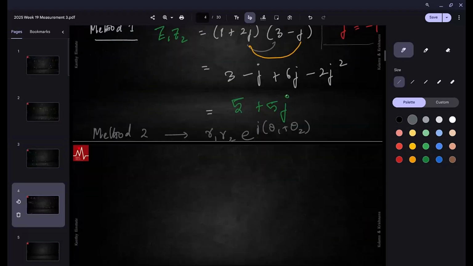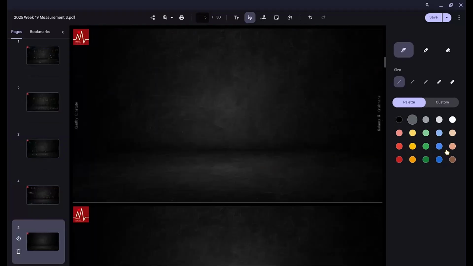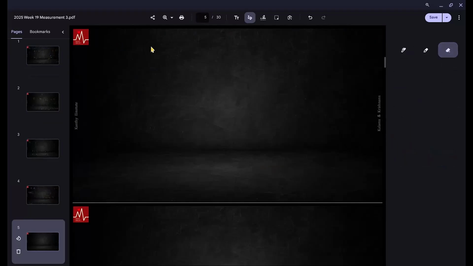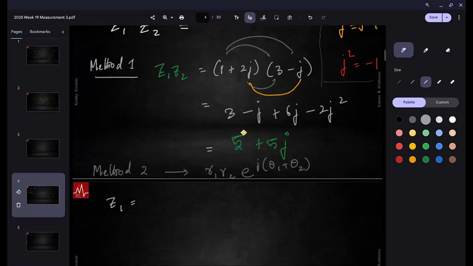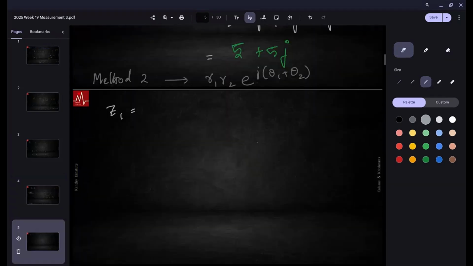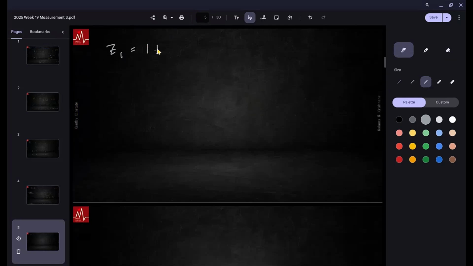Now the final thing, let's also do this. Let me write down our numbers. Suppose z1, what did I say? This is 1 plus 2j, 3 minus j. Let's do a last calculation. This time we'll have to do z1 by z2. Tell me how you would do this.